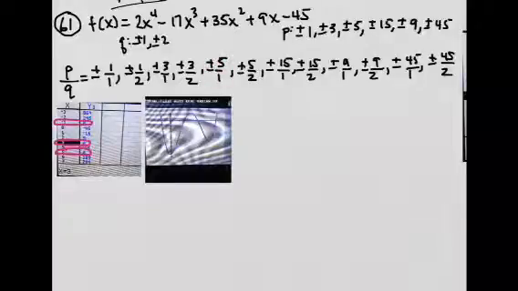Okay, and the intermediate value theorem tells us that between 1 and 2 I have another 0. How do I know that? Remember that wherever there's a sign change, so from negative 16 to positive 9 right here, the graph has to cross through the x-axis. So that would be between 1 and 2.